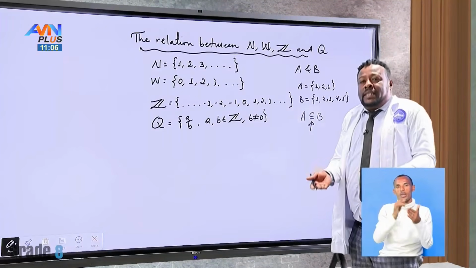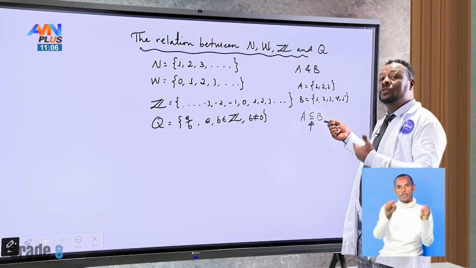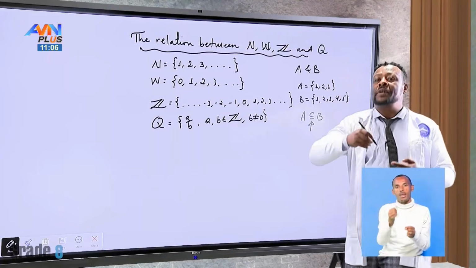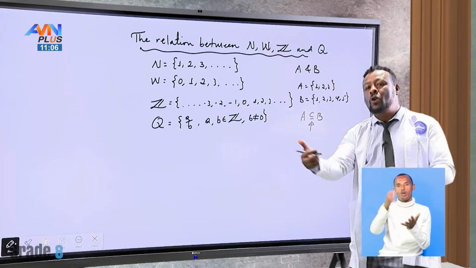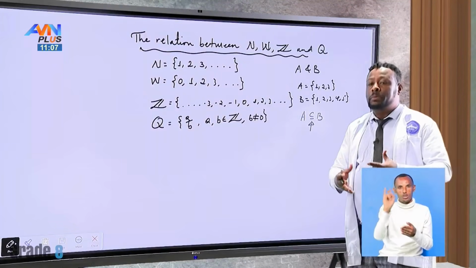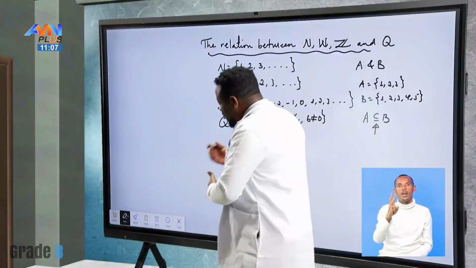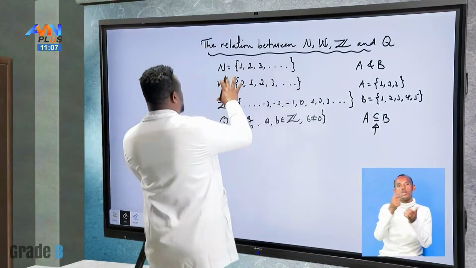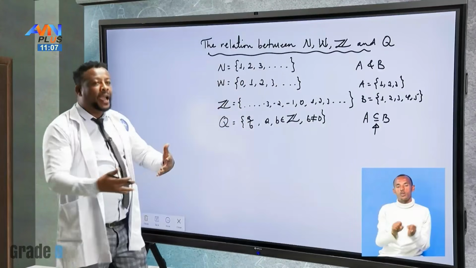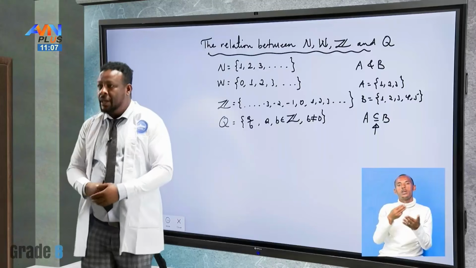So what is a subset? A set A is said to be a subset of set B if every element of set A is contained in set B, right? So this is the concept of subset. Now, we will bring this concept into these 4 sets of numbers and create a relationship between them.